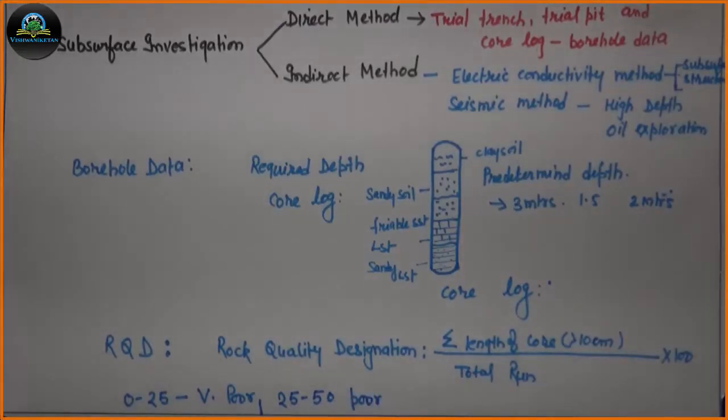If this value is between 50 to 75%, then rock quality is fair. And if it is more than 75 to 90, that is very good, which means this is suitable for maximum types of construction. And if it is more than 90, then it is excellent.